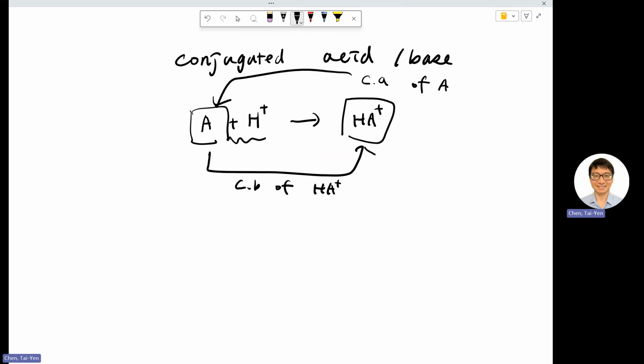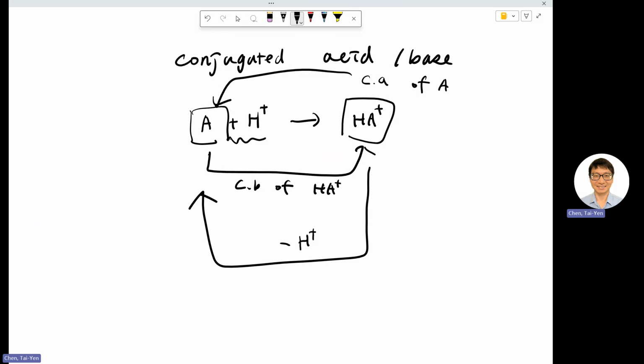If you want to find the conjugate acid of one species, you just add H plus to that species. To find the conjugate base of something, you subtract H plus, and then you get the conjugate base of that specific species.